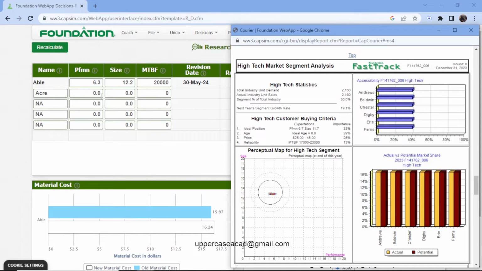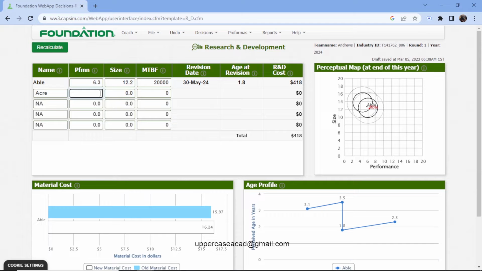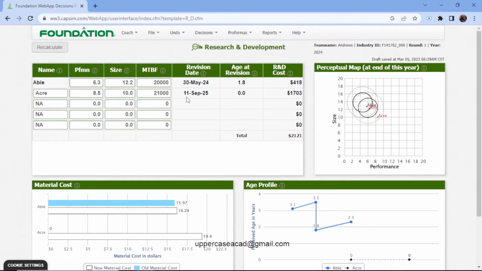So I'll position mine at 8.5, and I'll give it a performance of 10.0. And the mean time before failure, I'll give it 21,000. Then I'll recalculate to see when my product will come out, and you see that my product will come out in 2025.